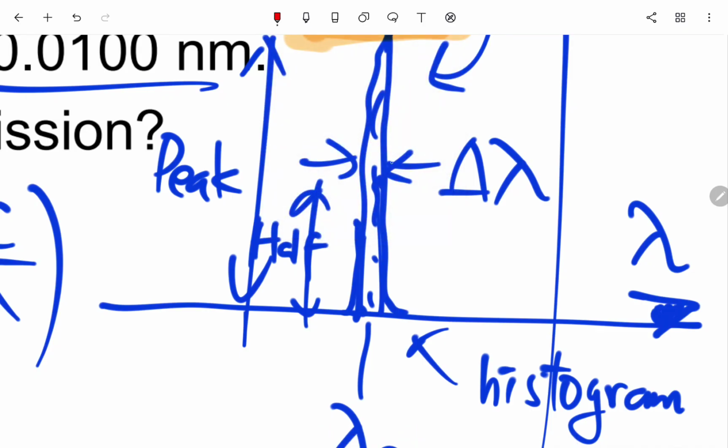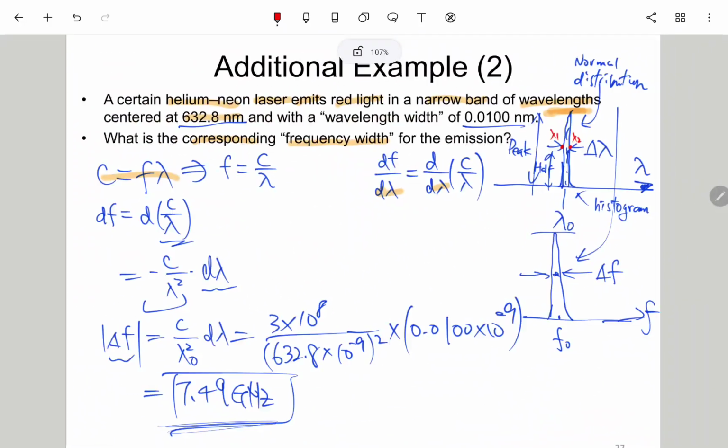The other way to consider is that you can actually consider it the other way. It's like this one and this point. You can consider this one to be lambda 1 and this point to be lambda 2. So you may be able to find that lambda 1 will be lambda 0 minus delta lambda over 2, and lambda 2 will be lambda 0 plus delta lambda over 2.